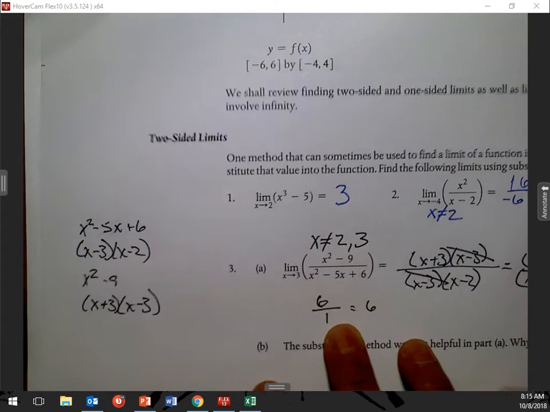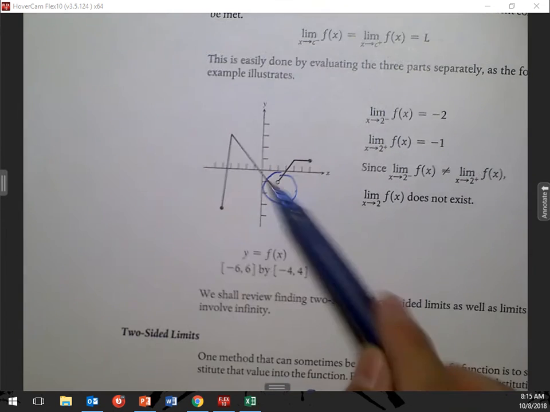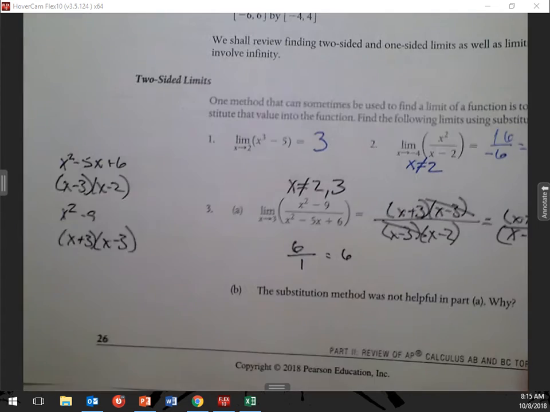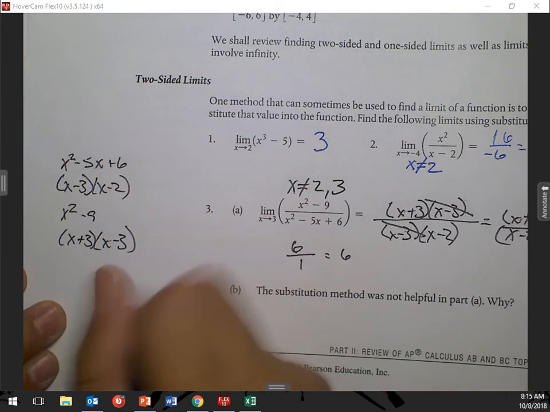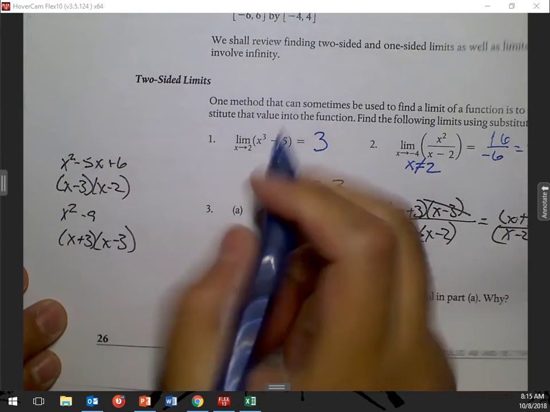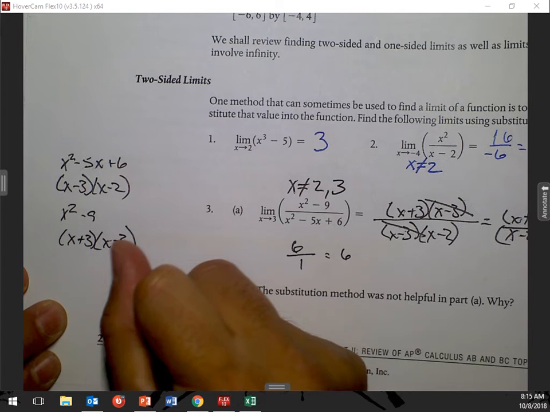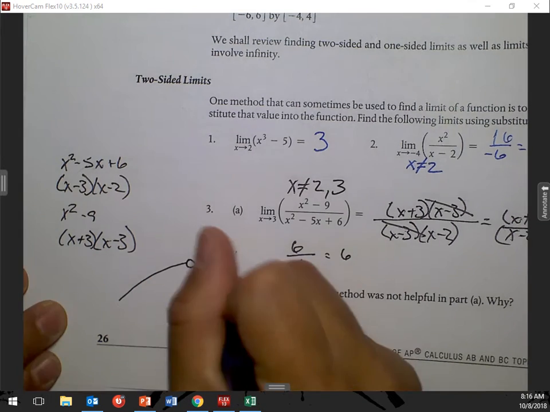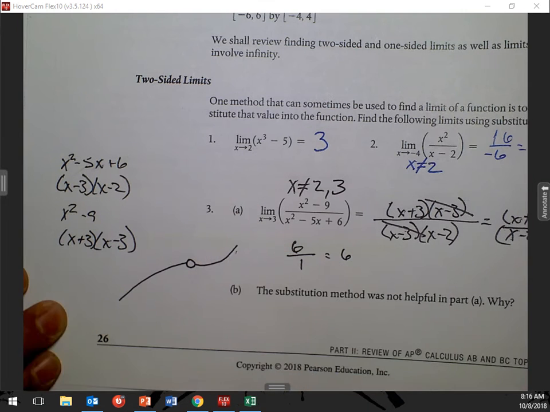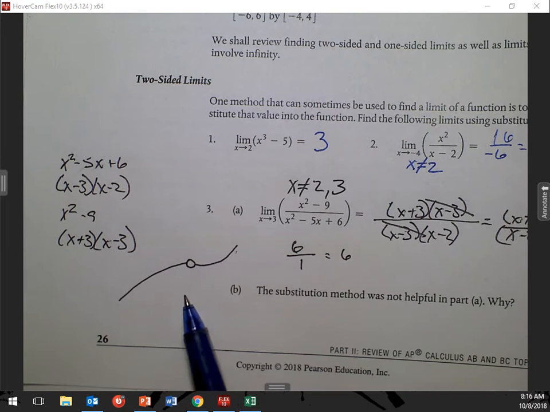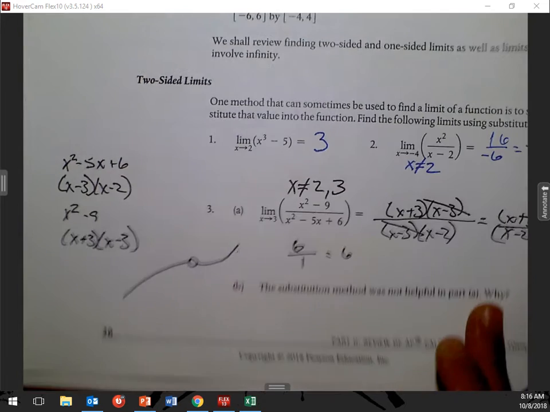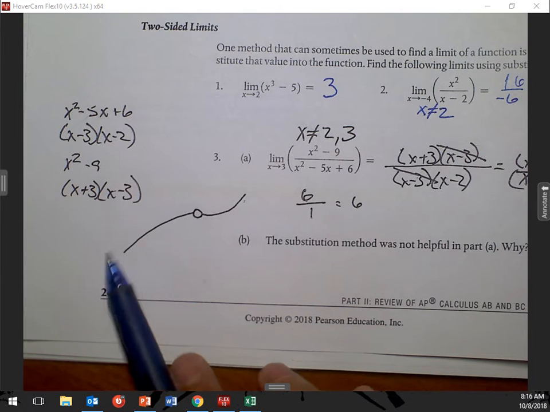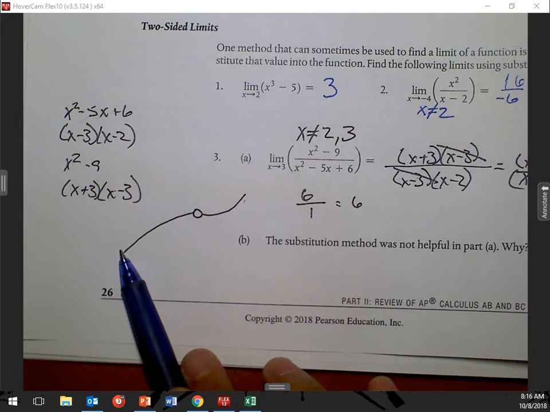So up here, we called this one a jump, and this is going to be your example of a hole. This isn't actually a graph, I just want to show you. A hole would be go to here, at that number, like that. If you consider it like a roller coaster, right here that is not going to be continuous.